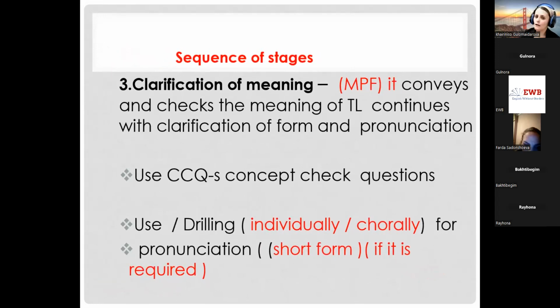The next stage is clarification of meaning. As I did with meaning, for example, what do all these situations talk about? And then you said that it is possibility, yes, the first conditional. The same thing here: clarification is MPF, meaning, pronunciation and form. It starts with conveying and checking the meaning of target language, and then it continues with clarification of form and pronunciation.